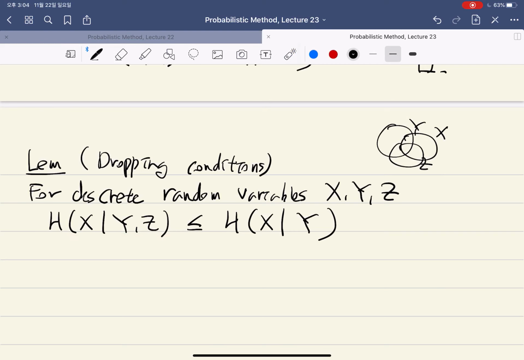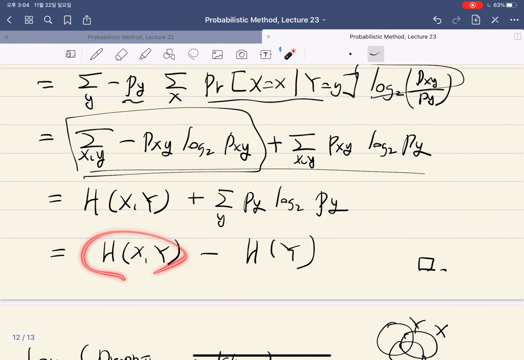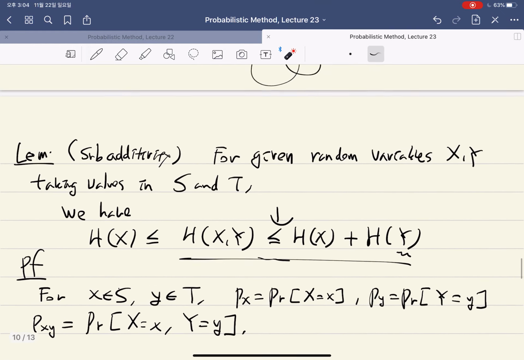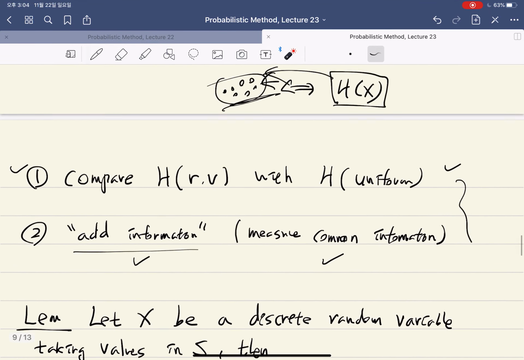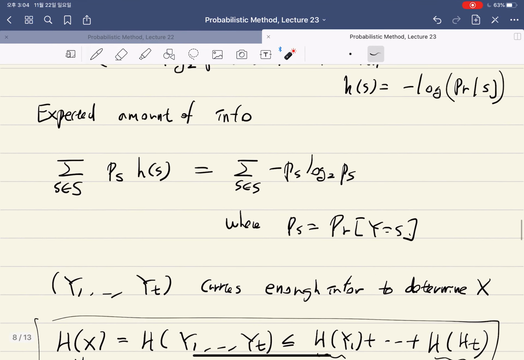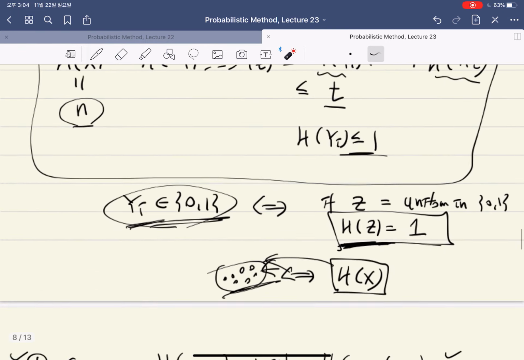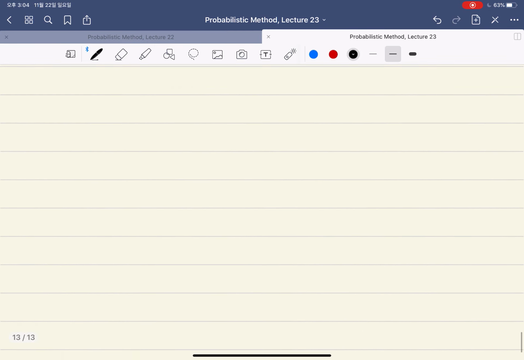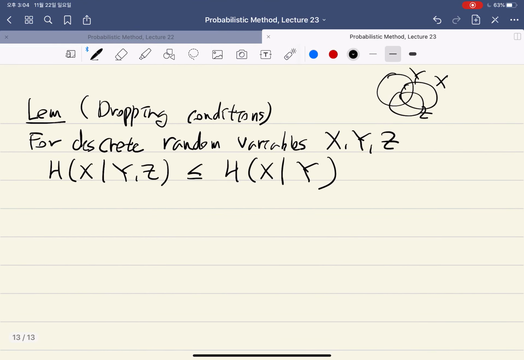But I keep talking about the information we get, the number of bits of information we get. But that's our intuition. Our actual definition of H was this formula. So we have to keep checking lemmas like this so that our definition is a correct definition, which means that it actually represents the number of bits of information that we get.